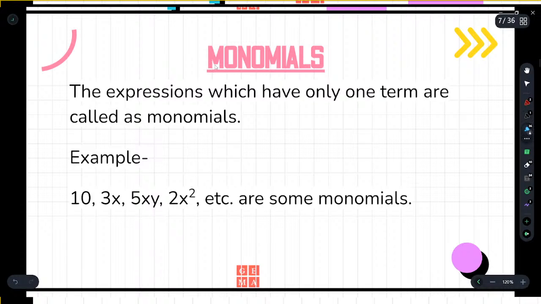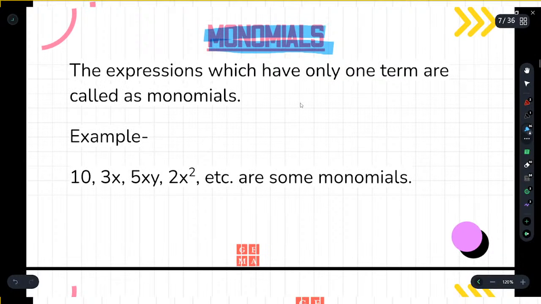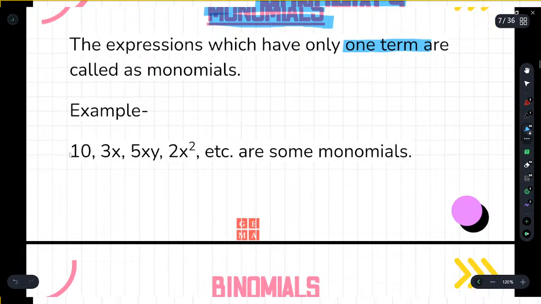What are monomials? An expression which has only one term. As I said, mono means one, singular. So that's why an expression which has only one term is called a monomial. So what are the examples? All these terms in themselves are examples of monomials, like 10, 3x, 5xy, 2x square.